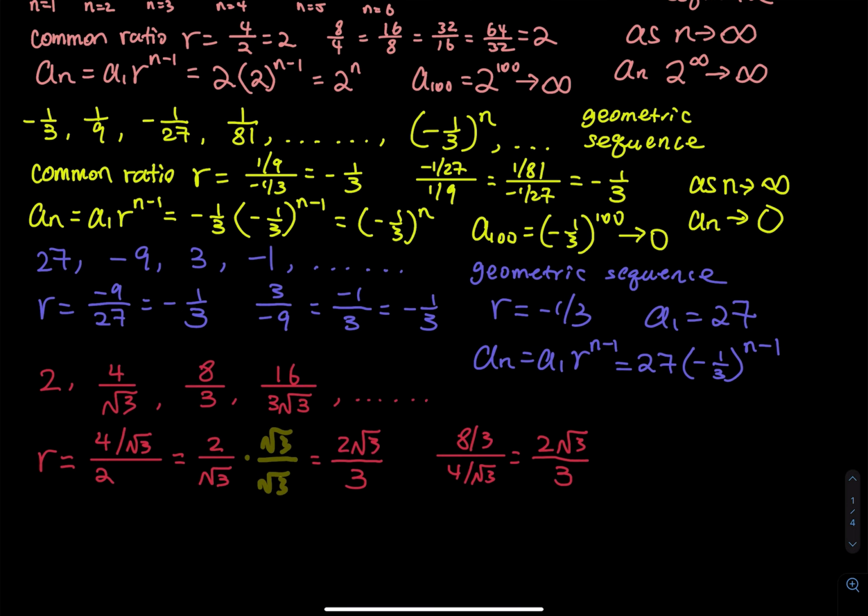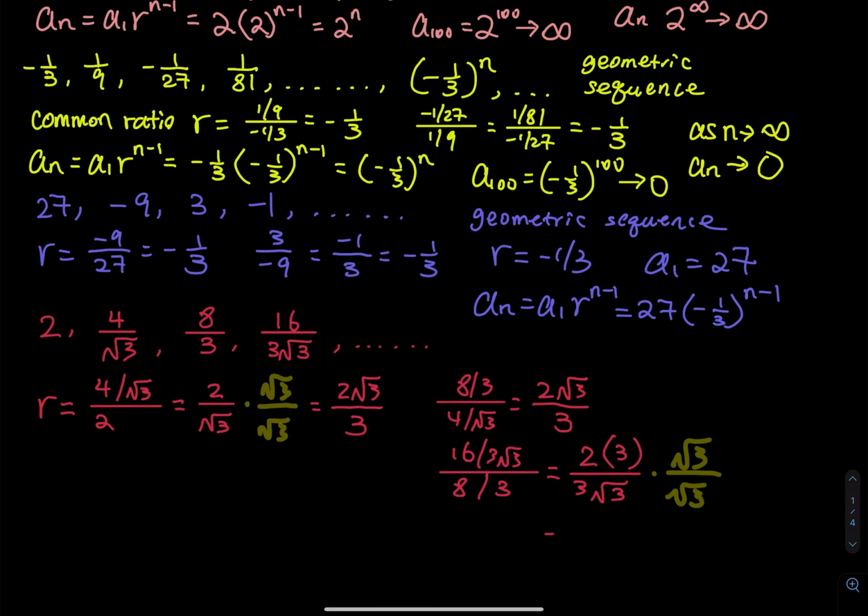And then the next one, you have 16 over 3 root 3, and you divide it by a over 3. So 16 divided by a gives you 2. In the denominator, you flip the 3 up, just the top multiplied by the reciprocal of the denominator. And then the 3 root 3 goes to the bottom. As always, you have to rationalize by multiplying the top and bottom by root 3.